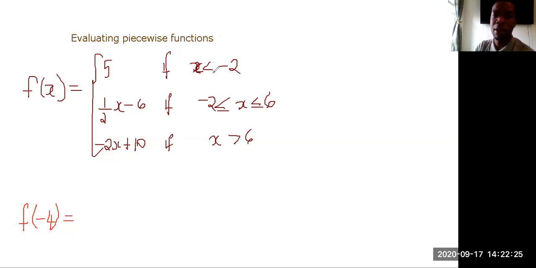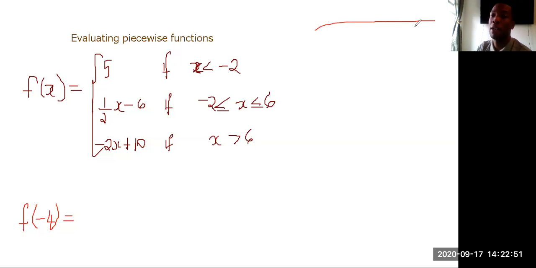So I need to come to my parameters here and figure out which one of these -4 would fit in. Is -4 less than -2? Is -4 greater than or equal to -2 but less than or equal to 6? Or is -4 greater than 6? And we can tell that -4 is less than -2.